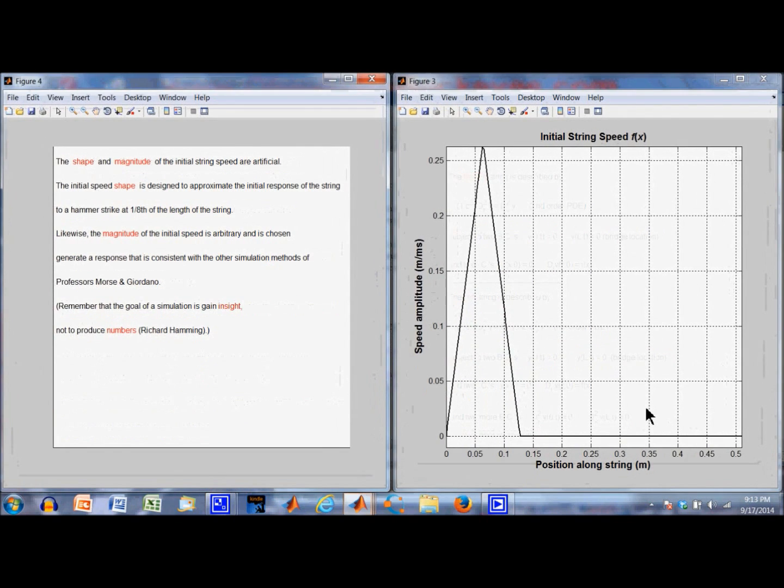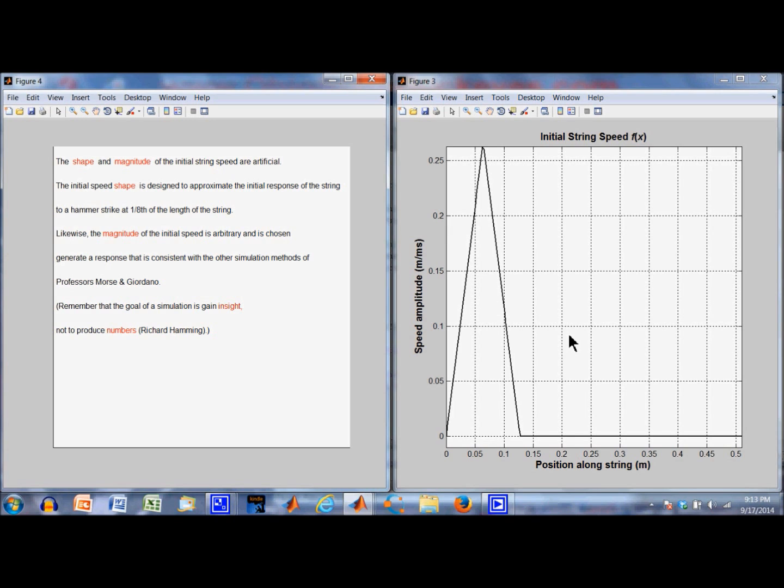Alright, take a look at the initial speed. This is the consequence of being struck at 1/8 of the length of the string, which is right here. It generates this sort of initial speed. Now keep in mind that this shape is artificial.